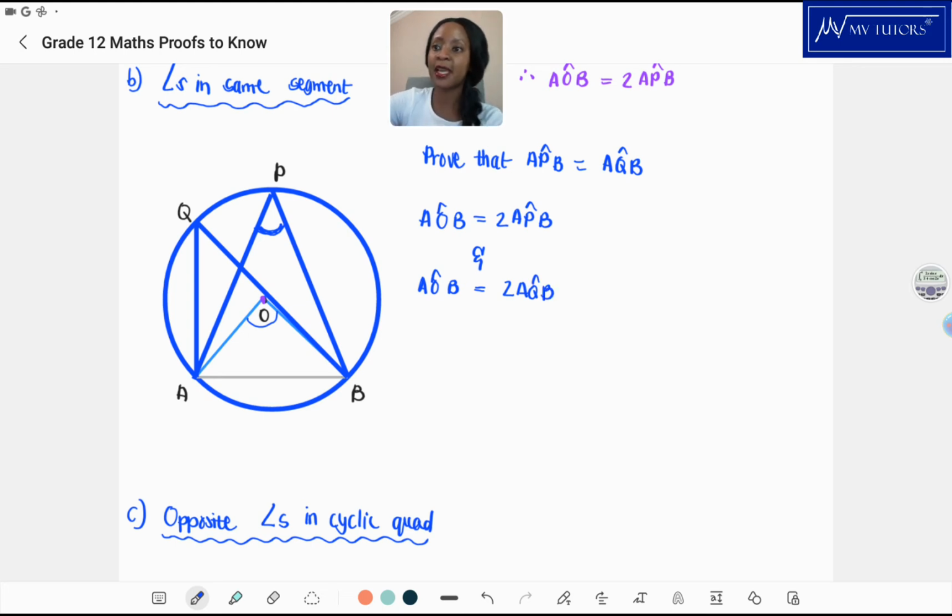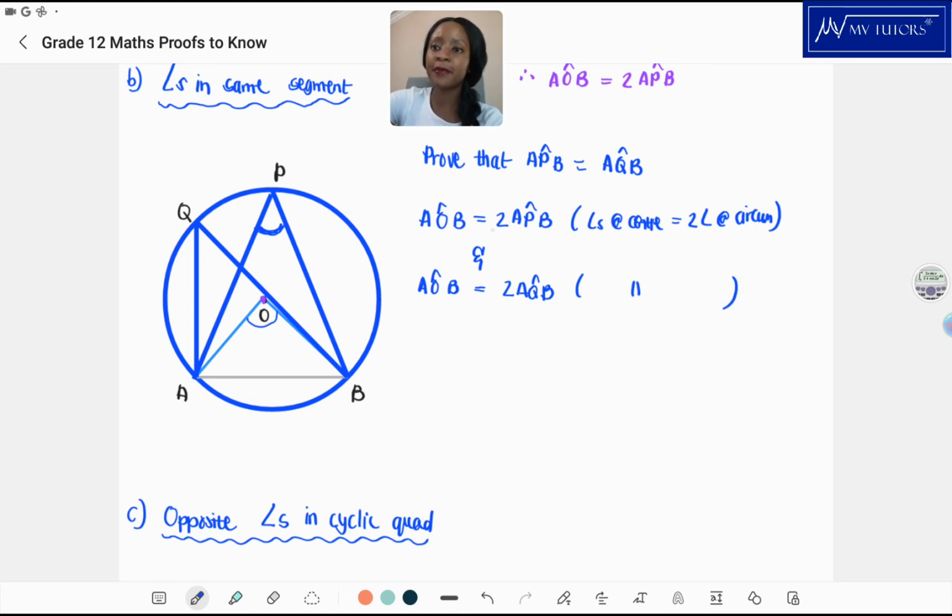Again, I should be giving reasons. That is angle at the center is 2 times the angle at the circumference, and there's the same reason for that as well.